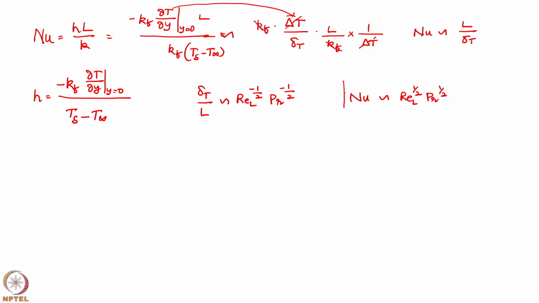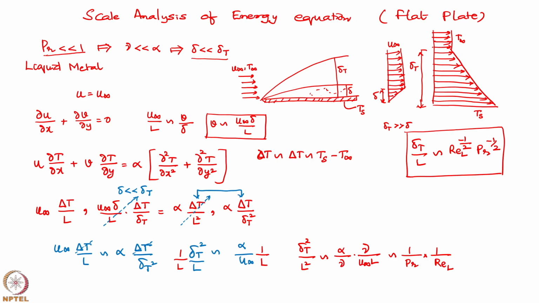That means Nusselt number increases with the increase of Reynolds number, and it increases with the increase of Prandtl number, which is intuitive, which is correct. So, this is what we get for the scales for Prandtl number less than 1. Now let us take up Prandtl number greater than 1.